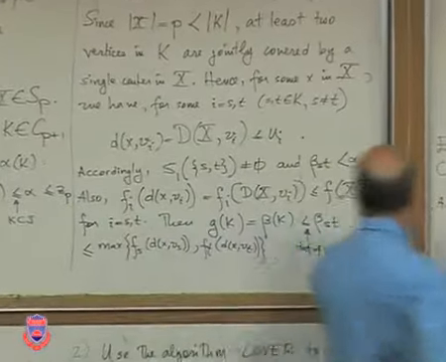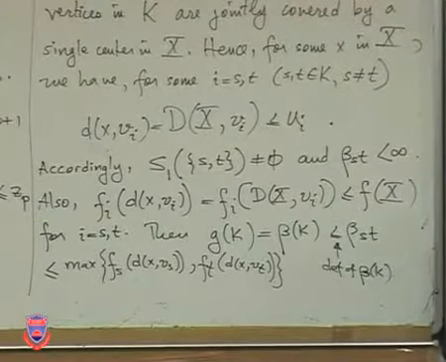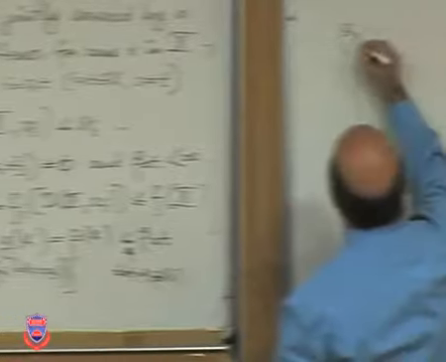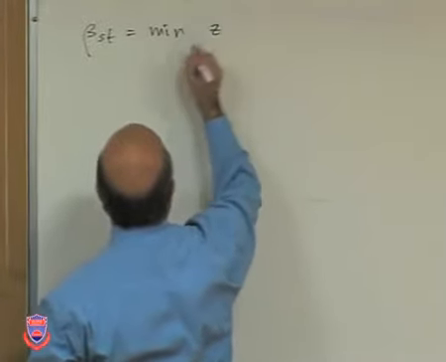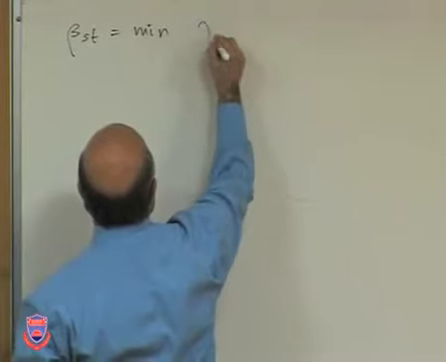What is the definition of beta st? Remember, beta st is the minimum r or z, whatever you want to call it. Let's make it lambda.